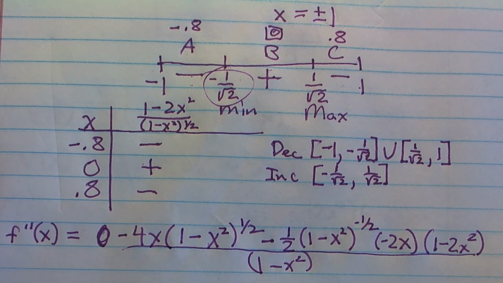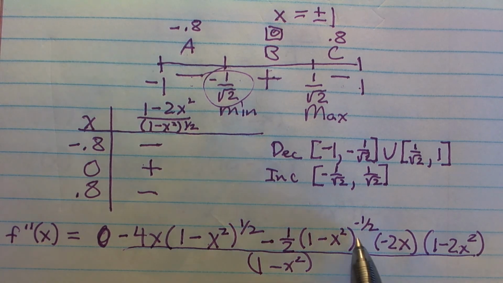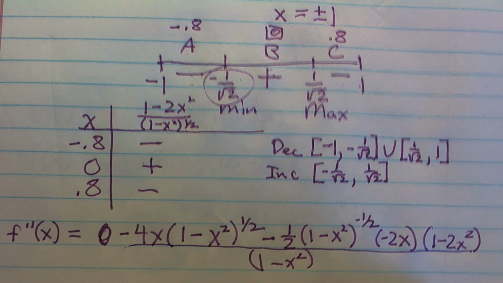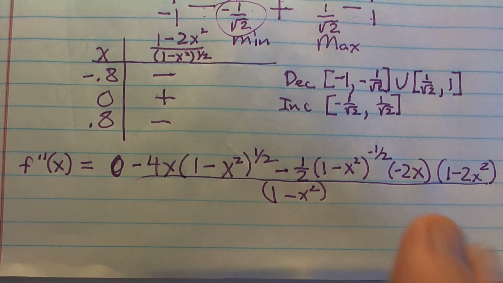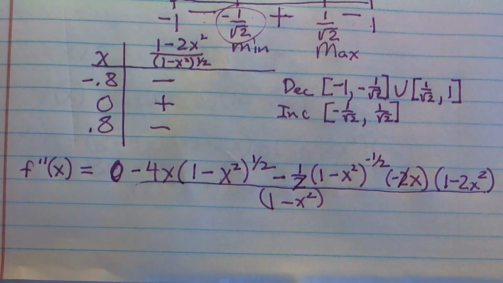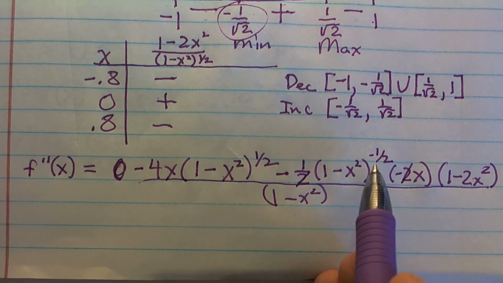Okay, so any questions? All I did was take the derivative: derivative of the top times the bottom minus the derivative of the bottom times the top. And now I do my old trick. First of all, I notice that this will cancel, this will divide out. Now I'm going to multiply the top and the bottom by the square root of 1 minus x squared.